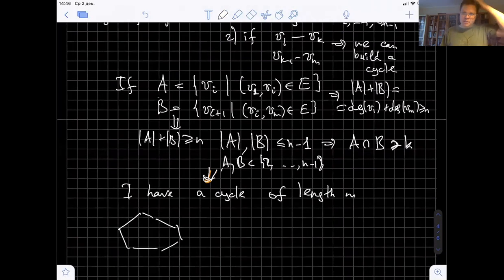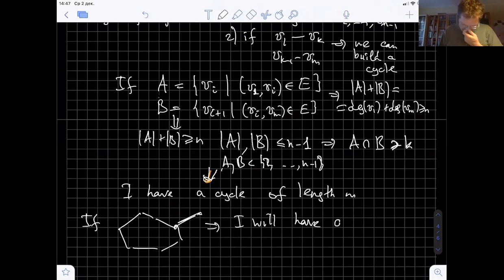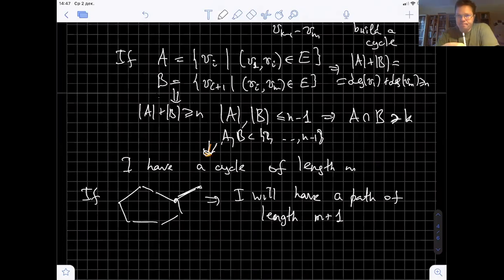But if I have a cycle of length m, and any of the vertices is connected to a vertex outside, then I will have a path of length m plus 1, because I can start from this vertex and then go through this one.